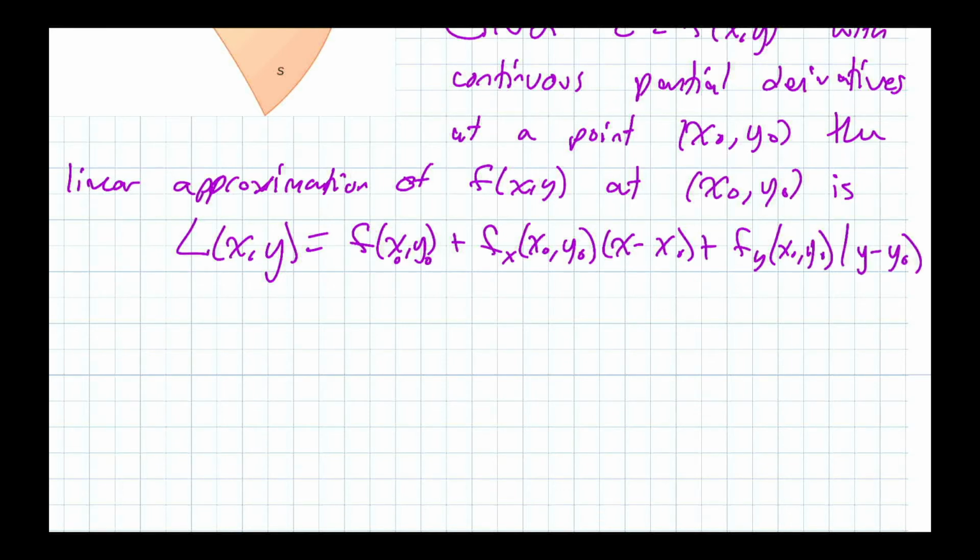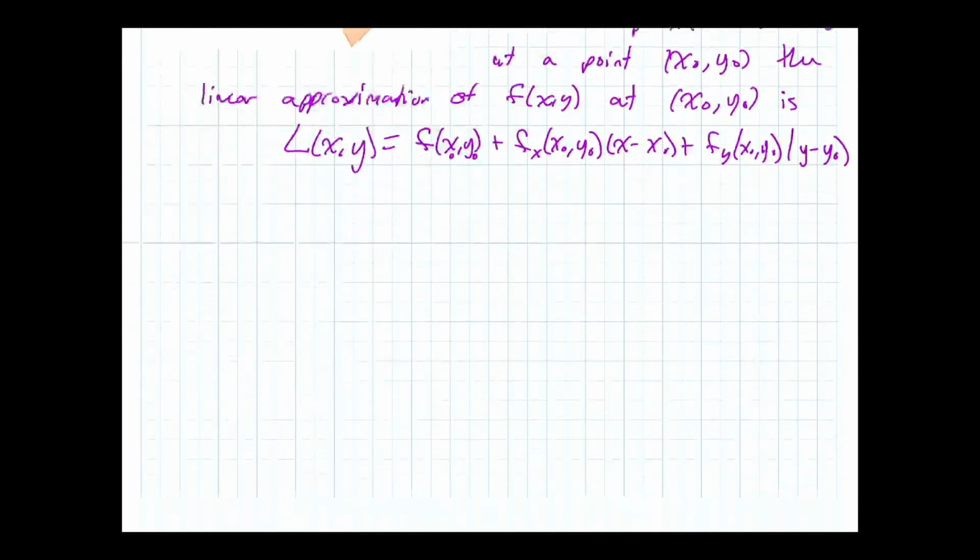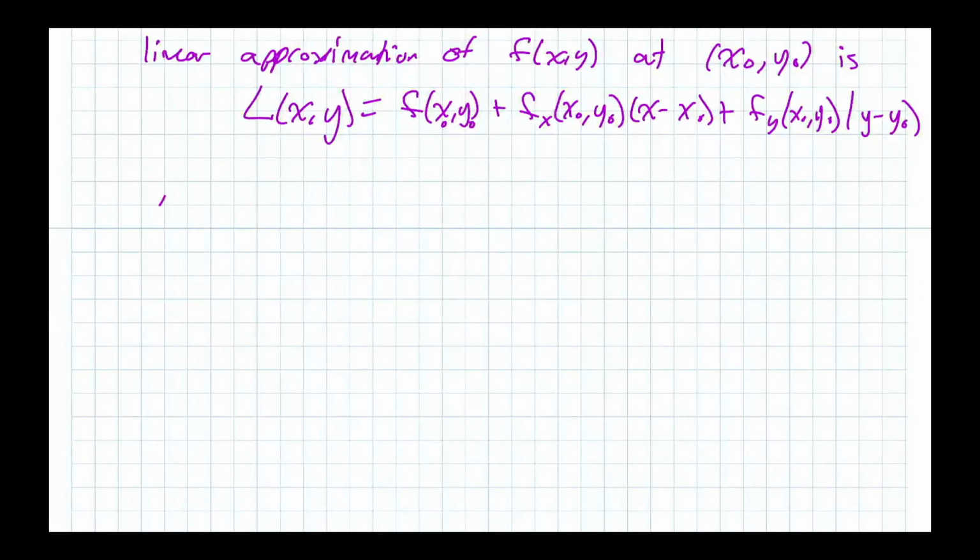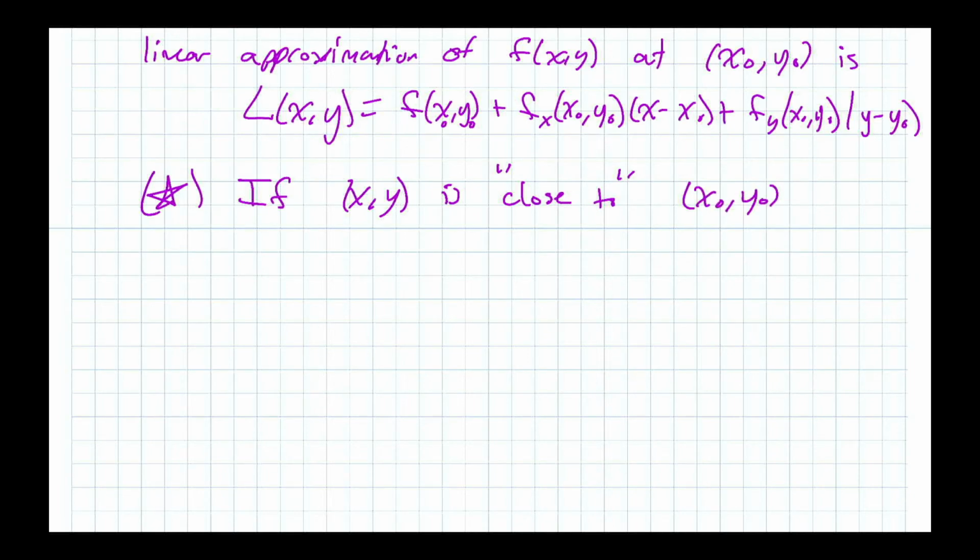So there's that. And the point of it is that if x comma y is close to, whatever close to means, we don't know, x0, y0, then f of x, y is approximately L of x, y.